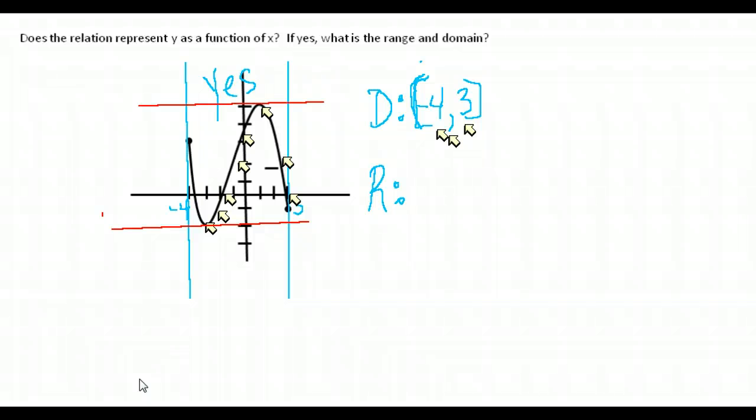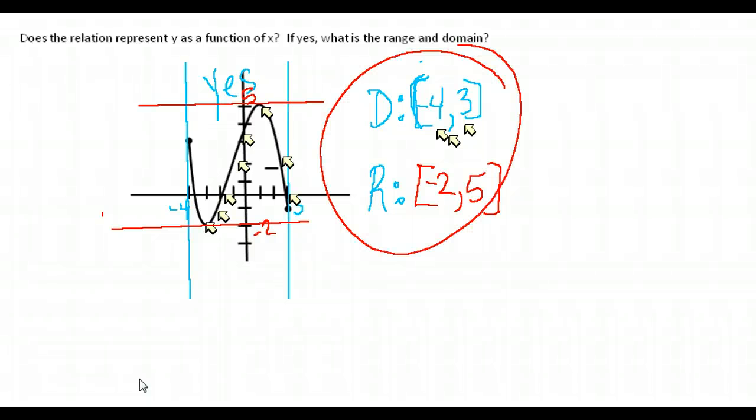Notice there's no breaks or gaps. We cover all of the y's between -2, which is our bottom, and it tops out at 5, where y was 5. So our range is from -2 to 5, starting at -2, ending at 5, including both of them.